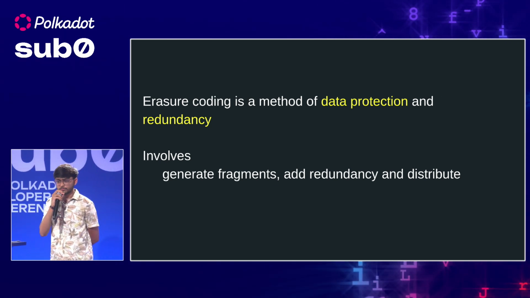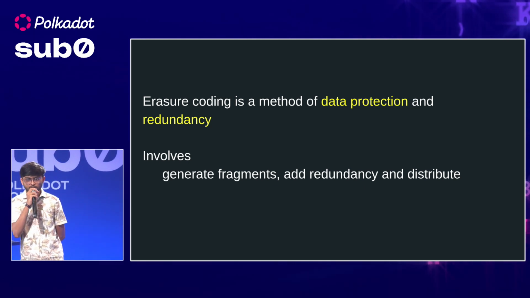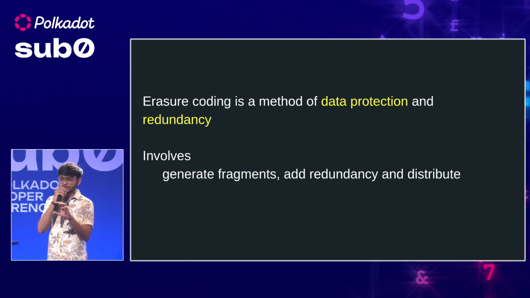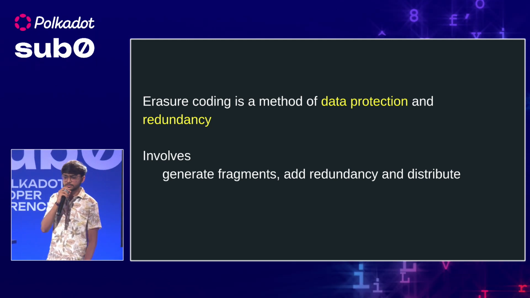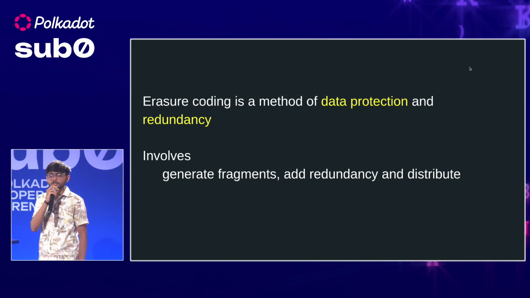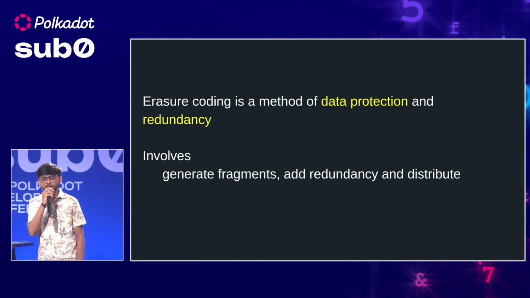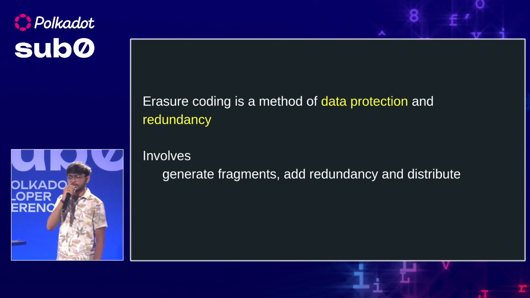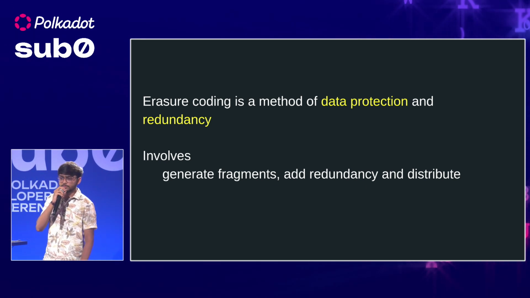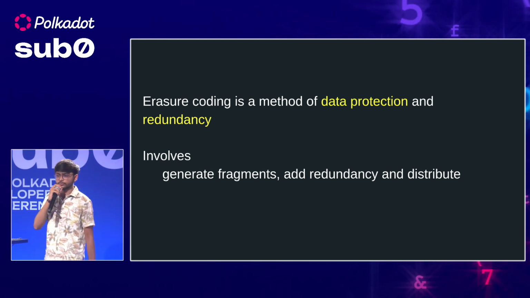Erasure coding involves dividing the data into fragments, adding the magic of redundancy, and distributing those fragments across devices, or in our case nodes. The result is wonderful encoded fragments that carry not only the original data but also redundant fragments, using which you can regenerate the original data even if we lose some of those encoded fragments.